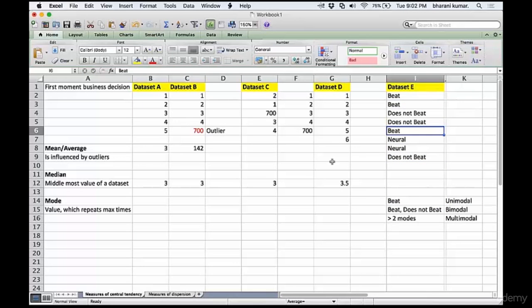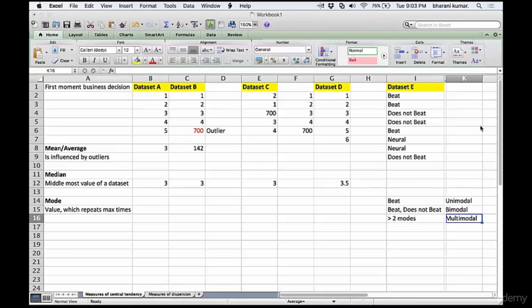Neutral is 2 times, but going by the definition, we need to choose that value which repeats maximum times. Since you have 2 values which are getting repeated 3 times each, you have 2 modes. One is beat, another is does not beat. And if you have 2 modes, it is called bimodal. And if you have greater than 2 modes, it is called multimodal.